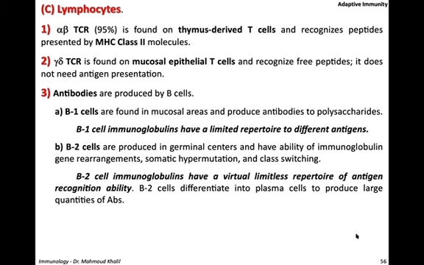So we need to differentiate here between the types of antibody secreted by the two general classes of B cells. The B1 cells provide antibody which has limited specificity since they only recognize polysaccharides.